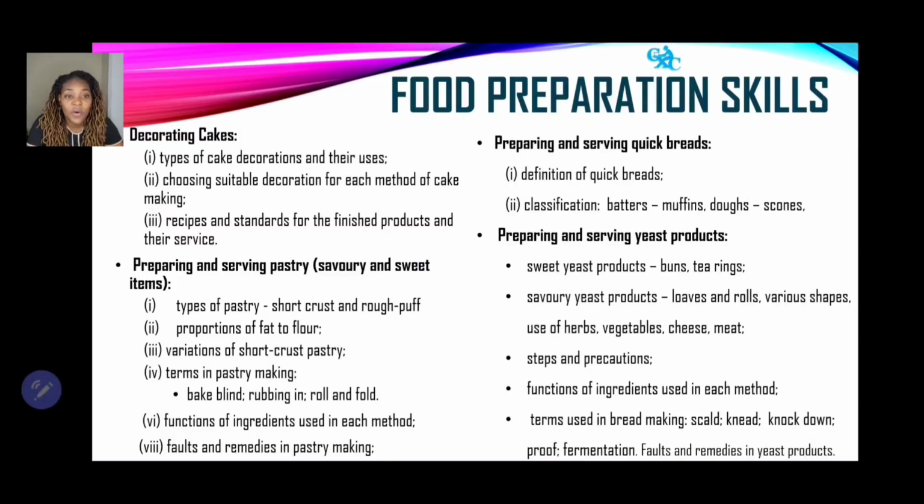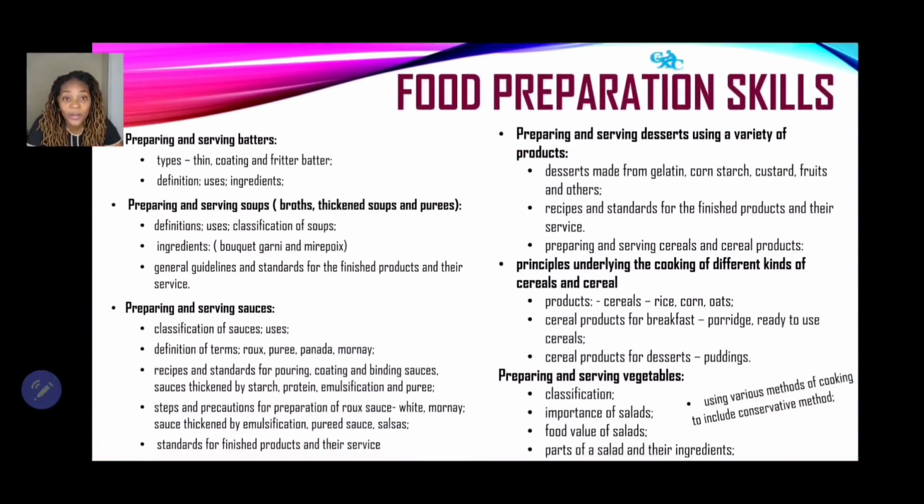The use of herbs, vegetables, cheese, and meat in these products, steps and precautions, function of main ingredients as well, and also the terms that are associated with yeast products such as scald, knead, knockdown, proof, fermentation, faults and remedies in yeast products as well.